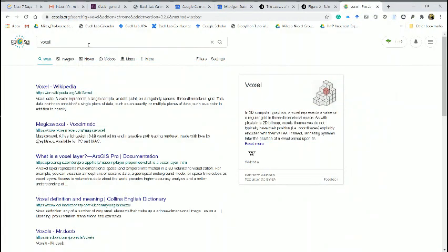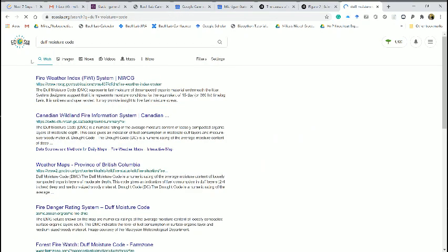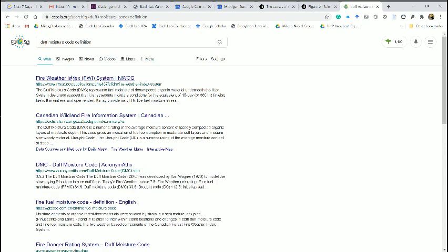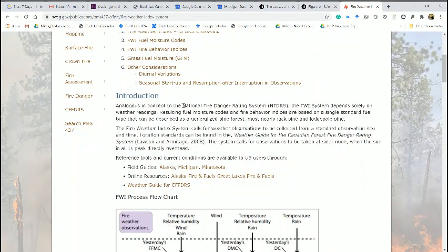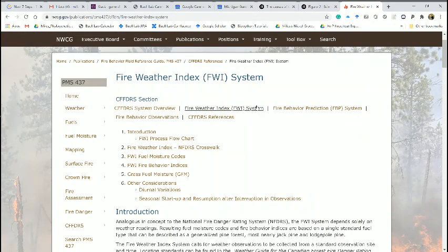Let's look that up. The Duff moisture code. Probably just named after some guy named Duff. No clear definition. Oh, it's right here. Fire Weather Index System. Government website.